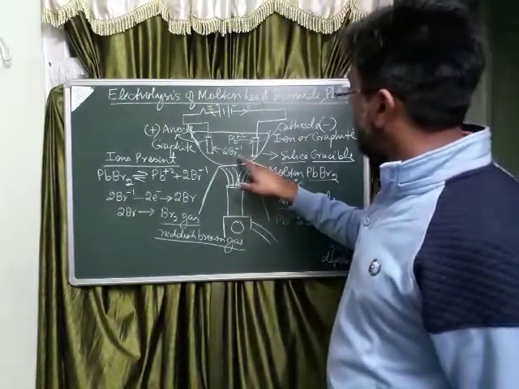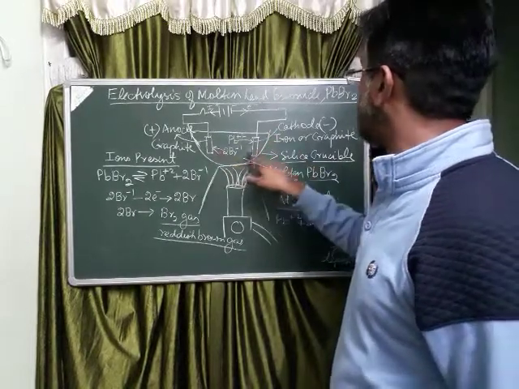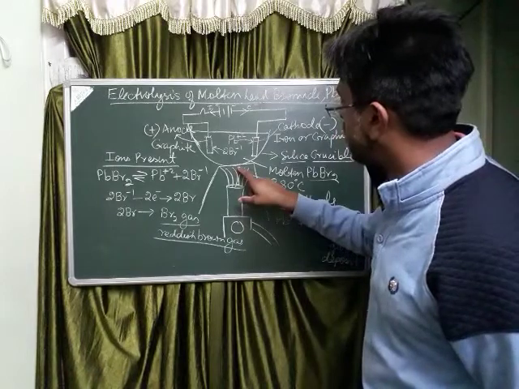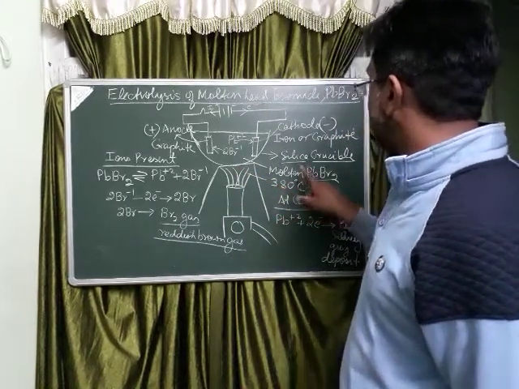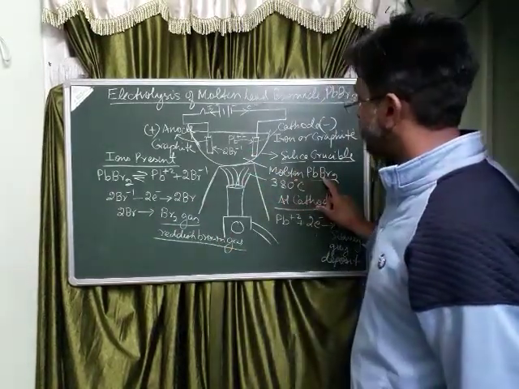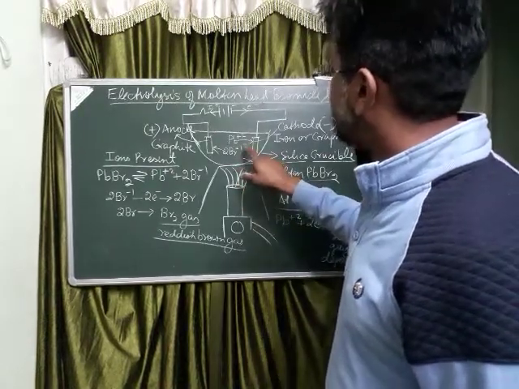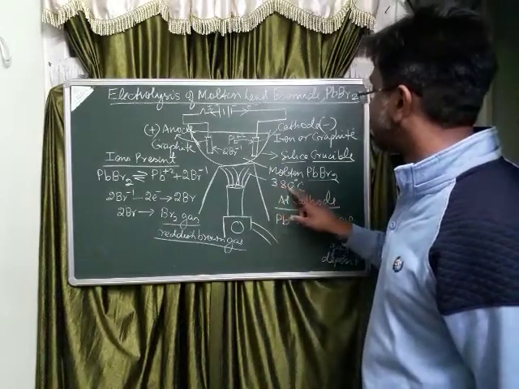Inside the silica crucible, in the beginning, solid lead bromide is placed. Then it is heated using a Bunsen burner up to a temperature of 380 degrees Celsius. The solid lead bromide melts and becomes molten lead bromide. The flame must be kept on to keep the lead bromide in the molten state. The temperature is maintained at 380 degrees Celsius.